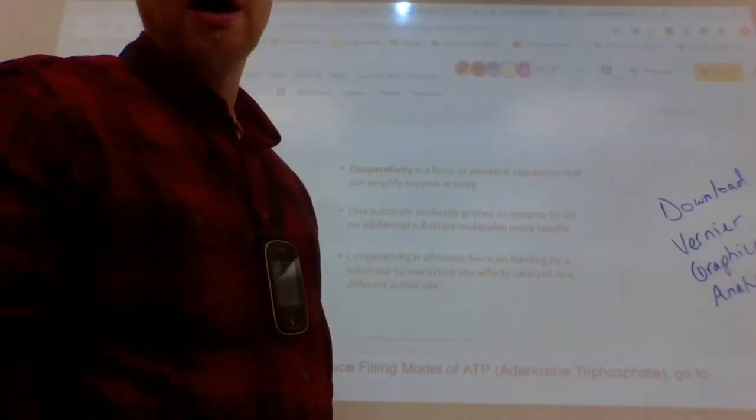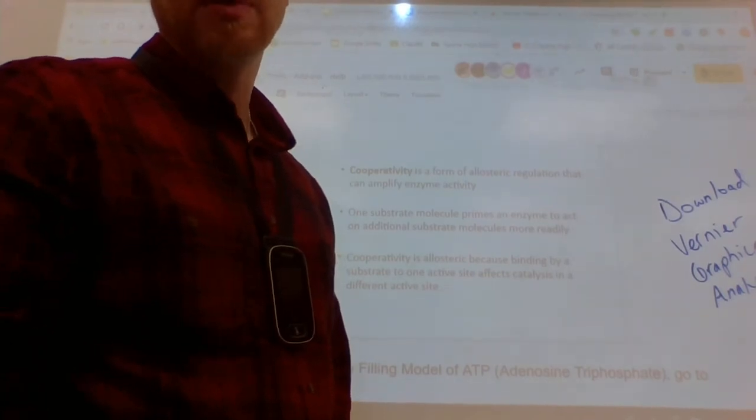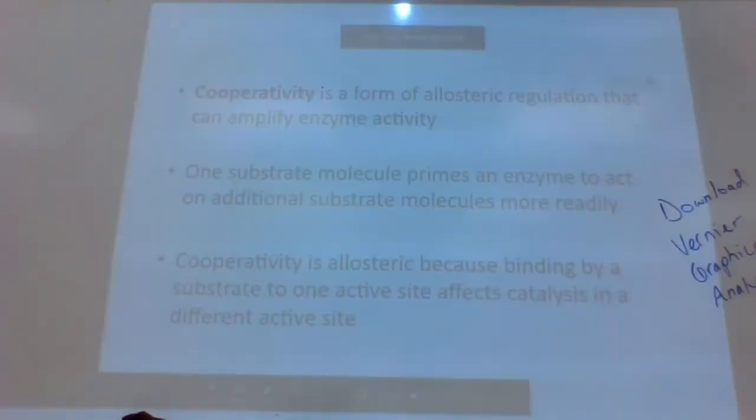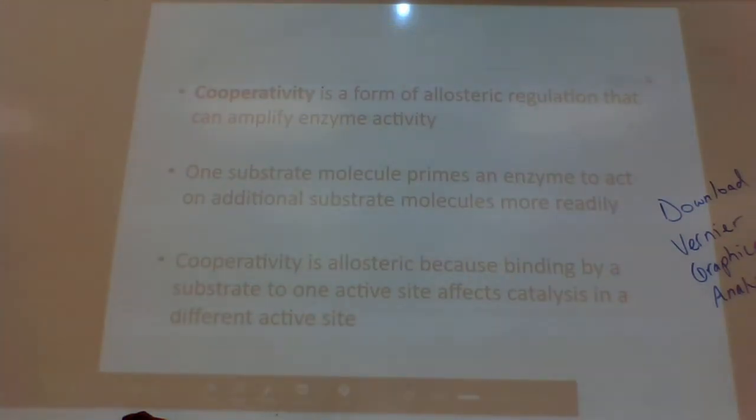Cooperativity is not regulating. Cooperativity is instead amplifying the response of an enzyme. So in a way, it's almost like positive feedback. Does that make sense to you?